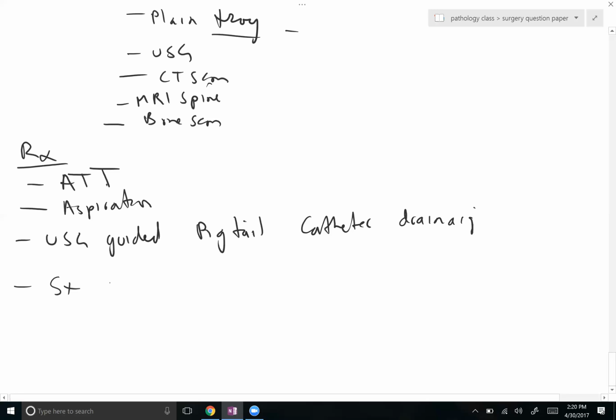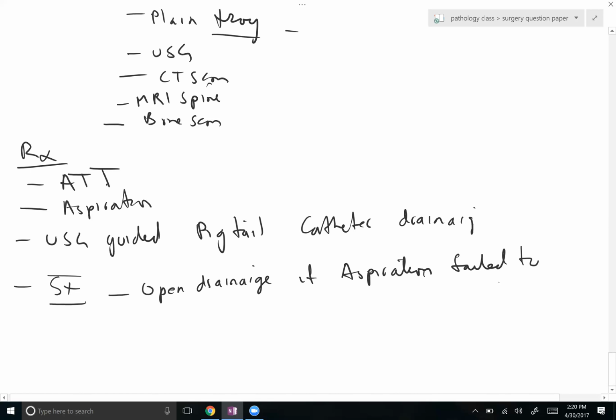Next is surgical management. Management is by open drainage, if aspiration failed to clear the abscess.